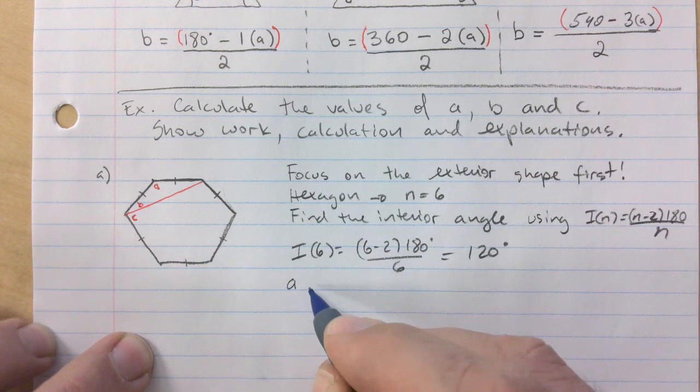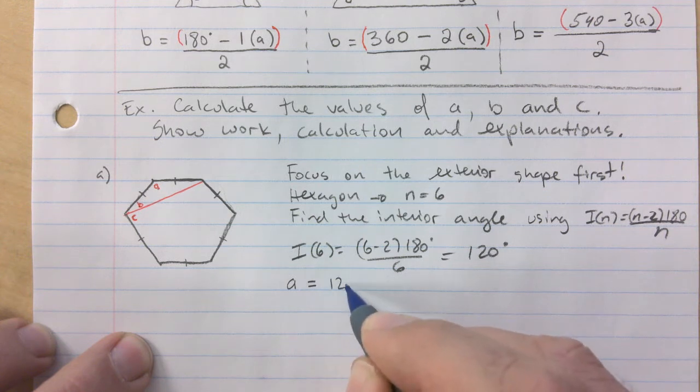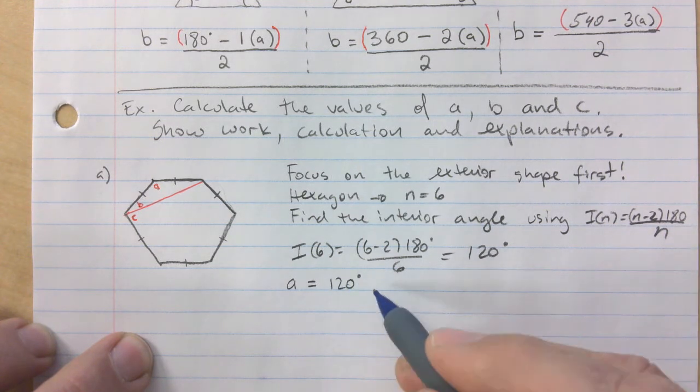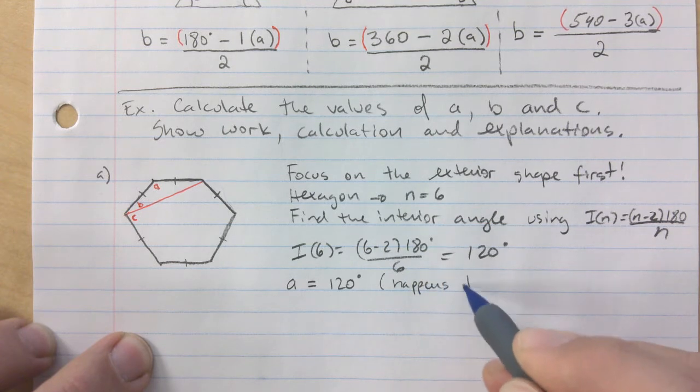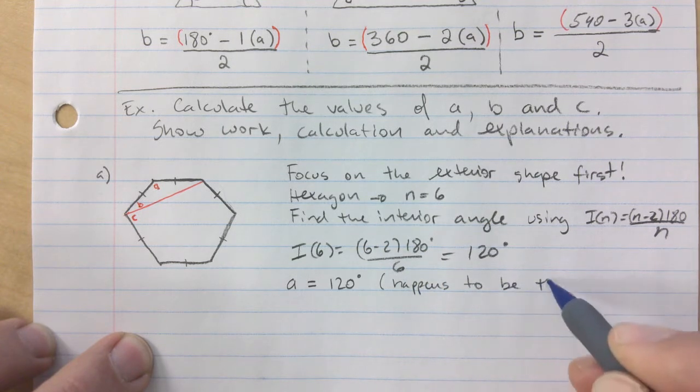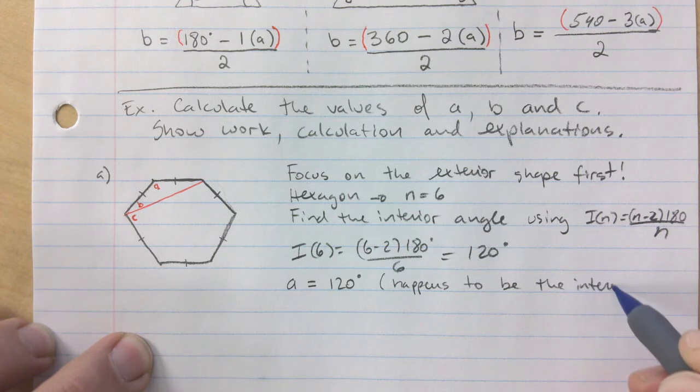A is equal to 120 degrees. I'll just say it happens to be the interior angle. So A is taken care of.